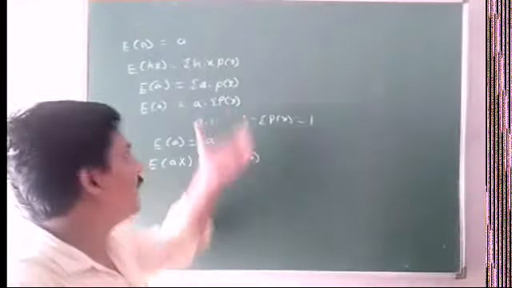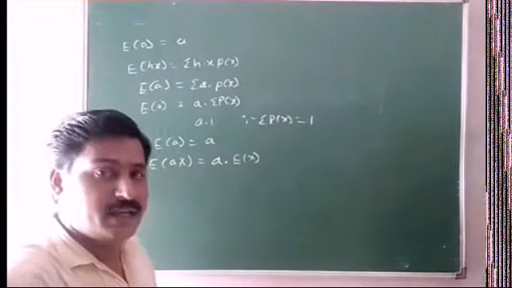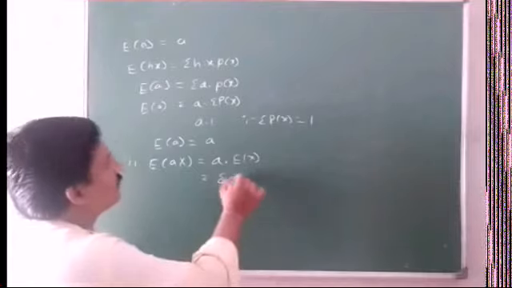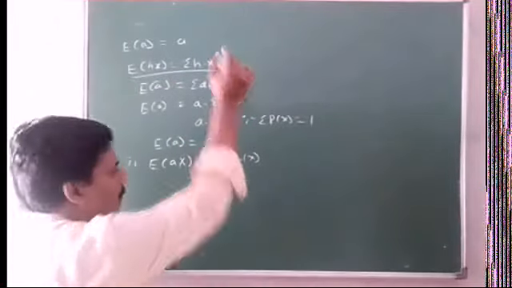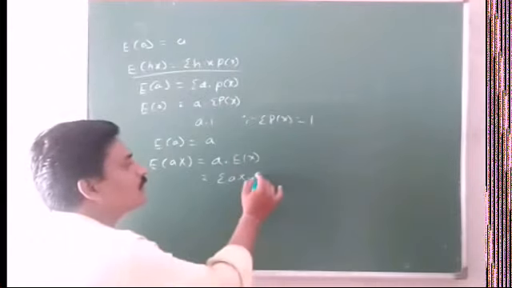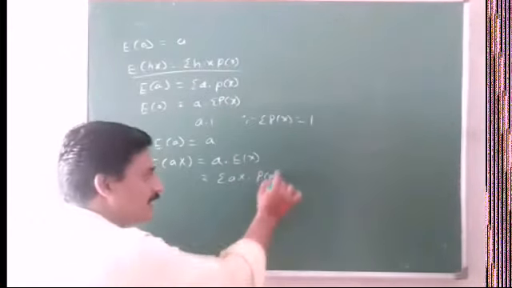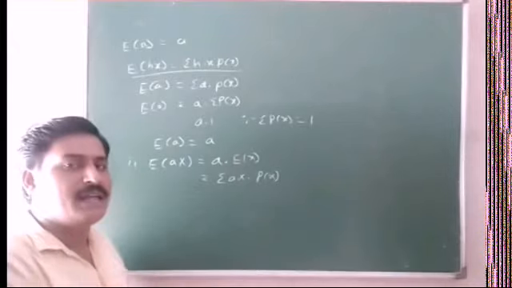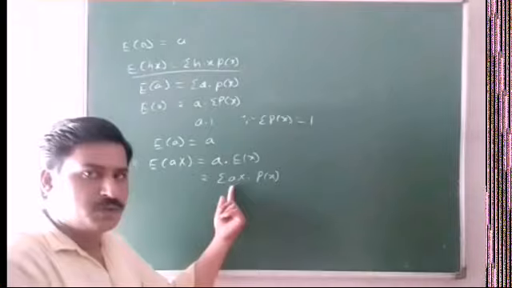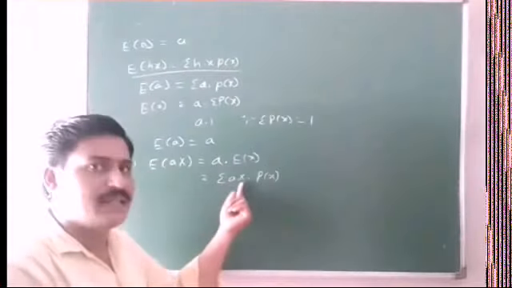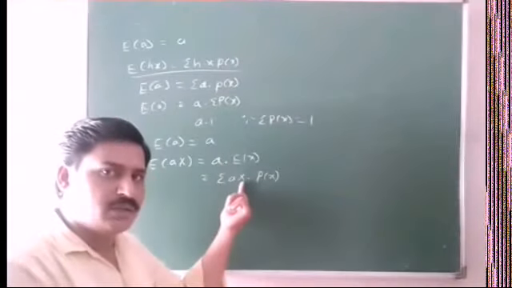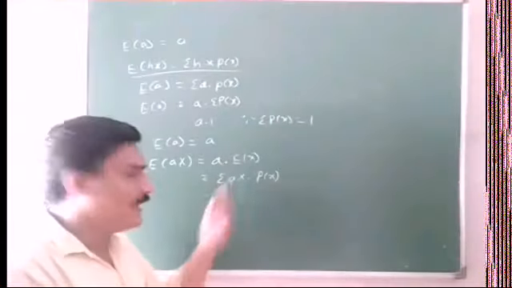Just as we took E of a here, that becomes summation a into x into P of x, based on this formula. As we already learned, a is a constant value, so multiplying a into x and taking the total is the same as taking the total and multiplying by a.